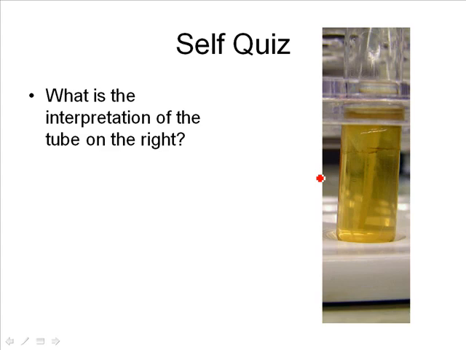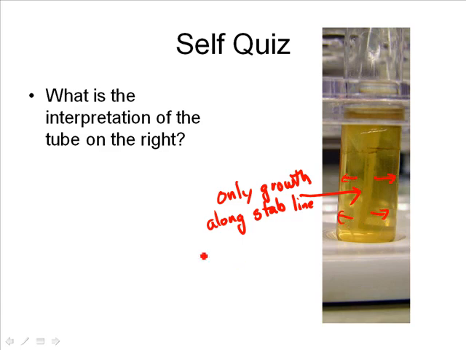Well, I have a few interpretations. The first thing you notice is that there's only growth along the stab line. We did not see the movement of that organism throughout the media. Therefore, the first interpretation was that the organism is non-motile.